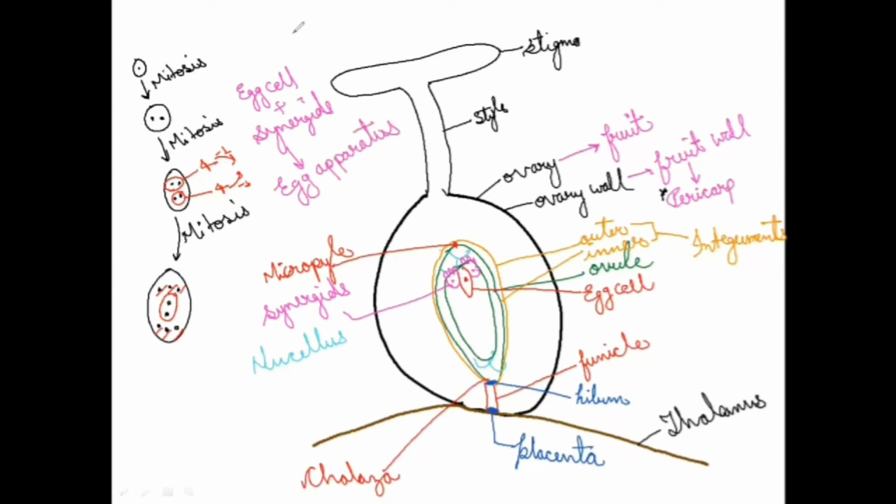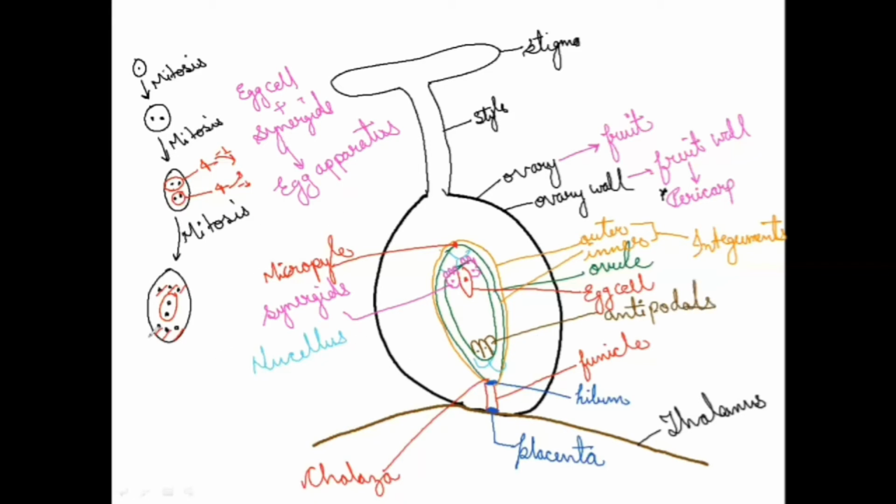Clear? Now, what about the remaining 3 cells? Yes, they also have some function. I'll show you. So guys, these nuclei which are present towards the chalaza will also form cells, that is, 3 cells are found on the chalaza side. All these 3 cells are equal in size, and these cells are known as antipodals.